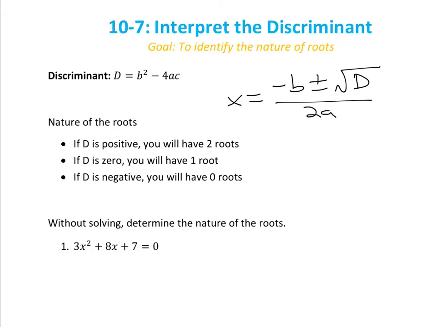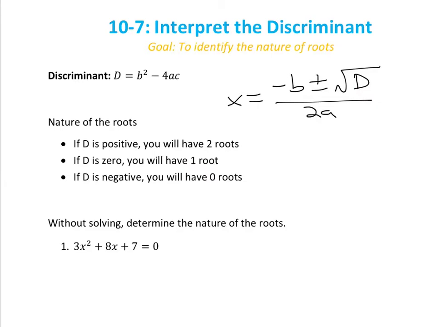All right, so if that d is positive, then you're going to have two possible answers, because you're going to have negative b plus that square root, negative b minus that square root, and those are going to give us two answers. All right, if d is 0, then this whole thing is just going to go away, and our one answer is just going to be negative b over 2a. All right, and if d is negative, it's going to be a negative square root, which we can't do, so that's why you're going to have no real answers.